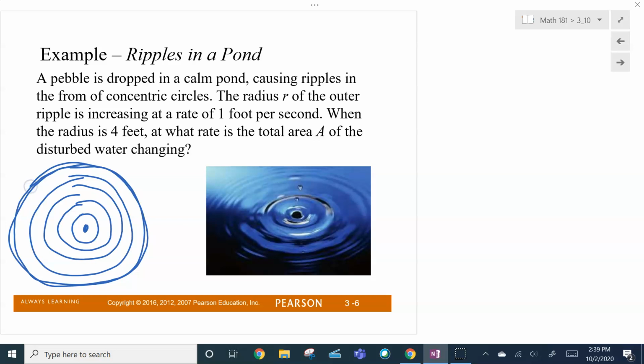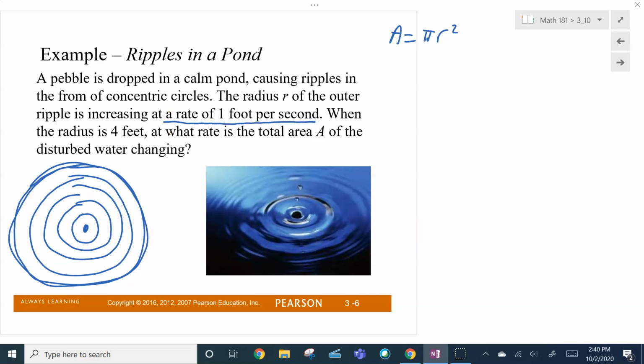So what's our given equation? We know the area of a circle is pi r squared. Now let's continue on to the second sentence: the radius r of the outer ripple is increasing at a rate of a foot per second.